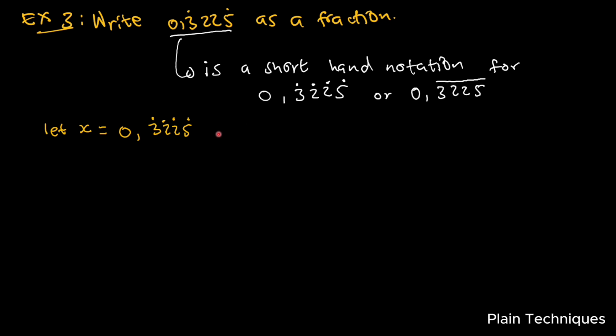Now remember, this can also be written as 0 comma 3225, and it's going to repeat again, 3225, repeat again, 3225, etc. It's ongoing.